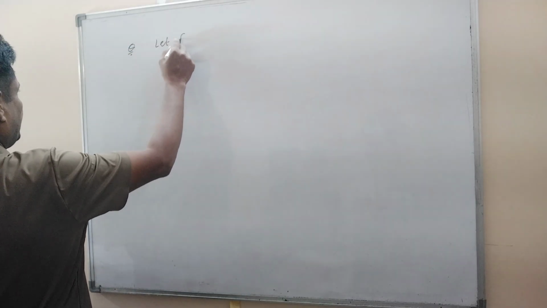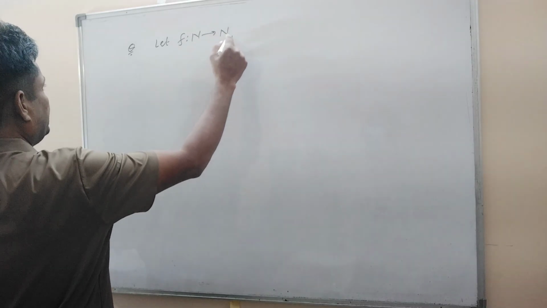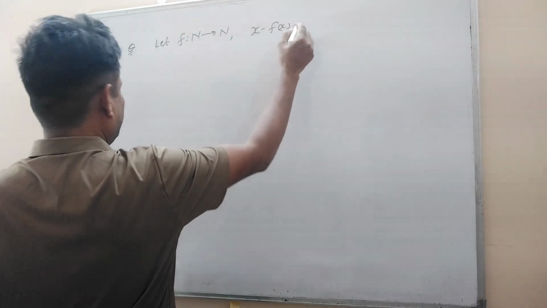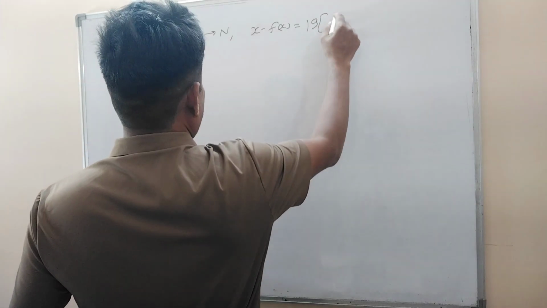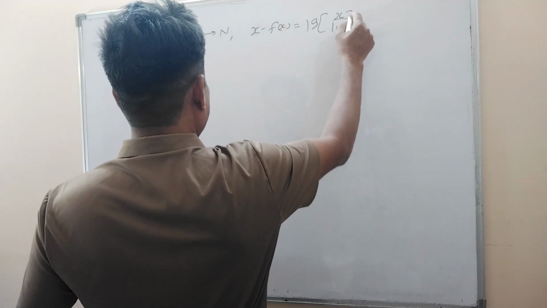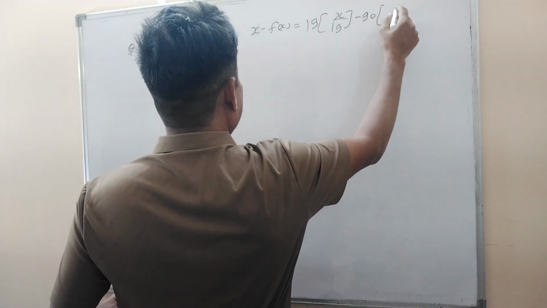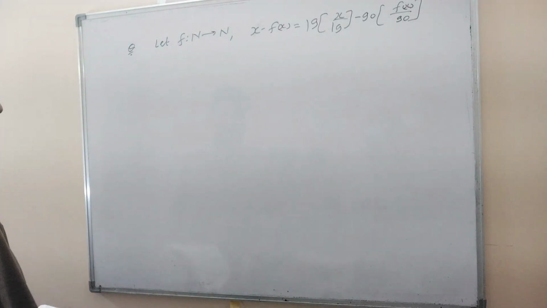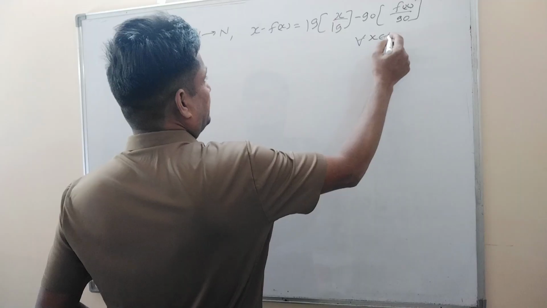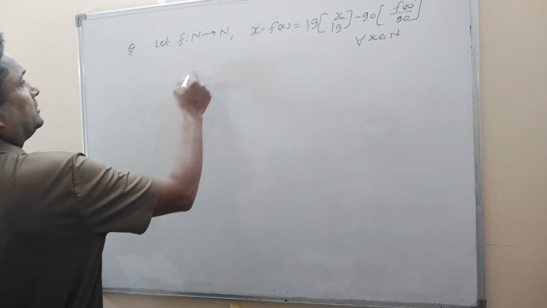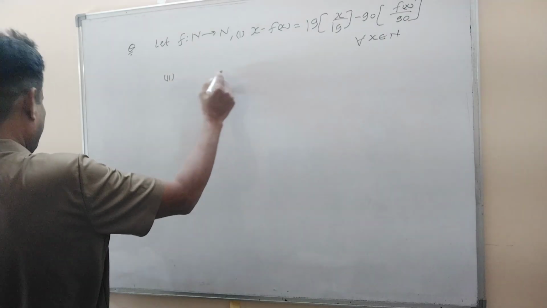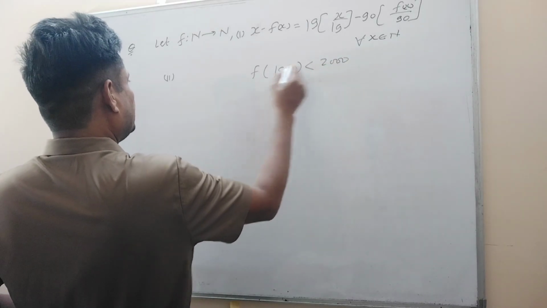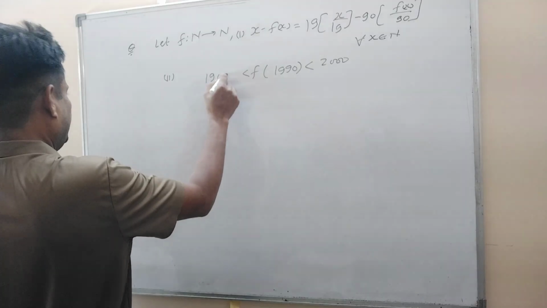Let f be a function from natural numbers to natural numbers, where x minus f(x) is equal to 19 times the greatest integer of x by 19 minus 90 times the greatest integer of f(x) by 90, for all x belonging to natural numbers. Second, it is given that f(1990) lies between 1900 and 2000.